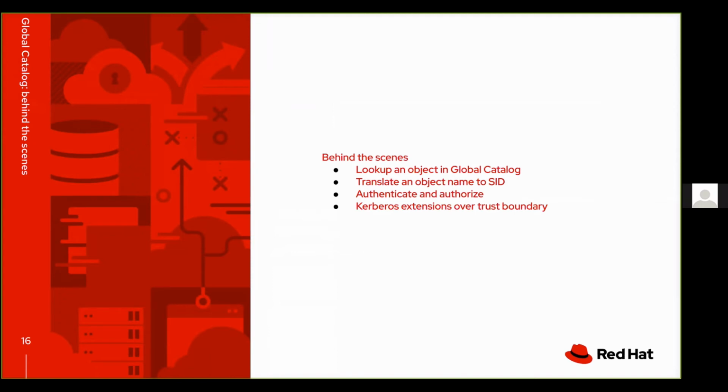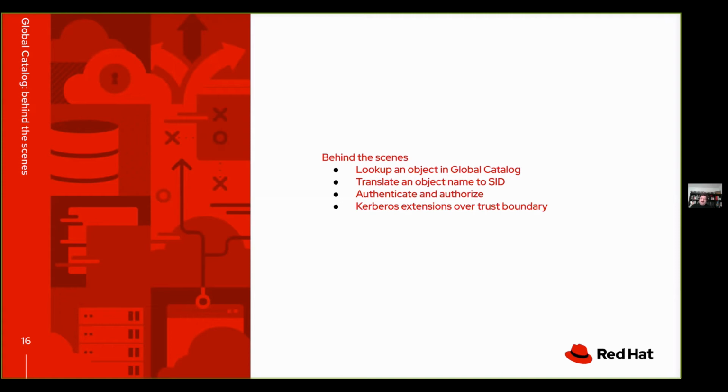Yes. So behind the scenes, what happened is that the Windows UI on the client side needed to look up an object in the global catalog, then translate that object name to SID, because in the access control list, it uses SIDs to store the references, who is allowed and who is not allowed.